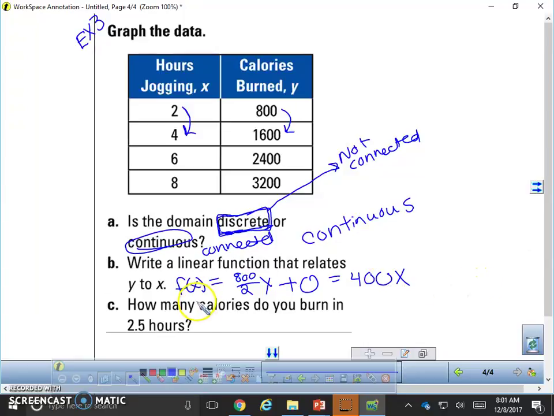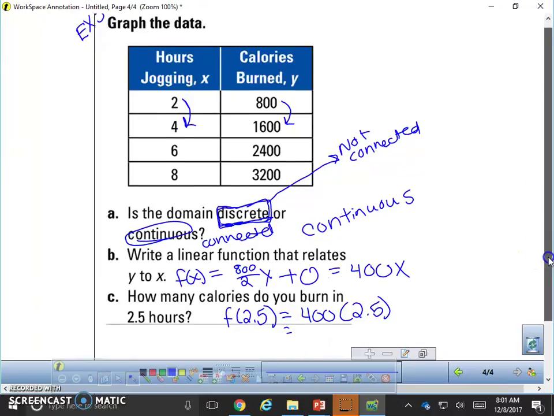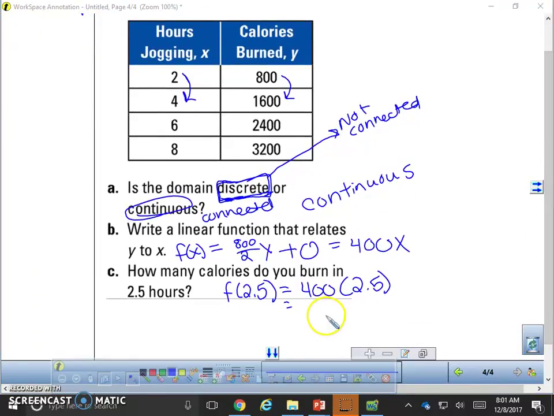How many calories do you burn in 2.5 hours? We're going to use our equation. F of 2.5 hours, we're going to plug in 2.5 hours for x equals 400 times 2.5.